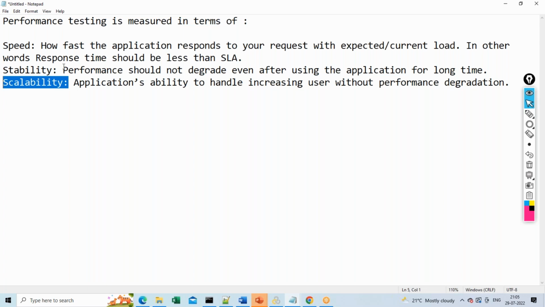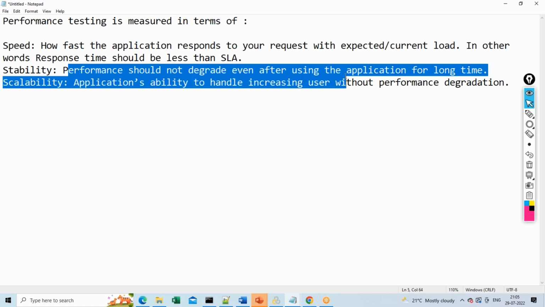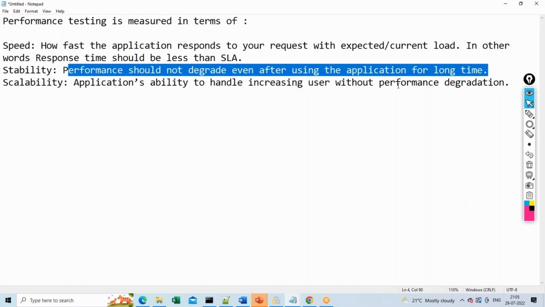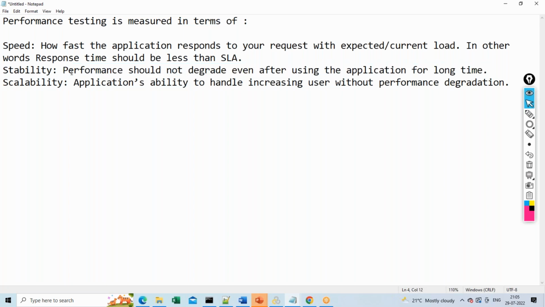What do you mean by stability? Stability means the performance should not degrade even after using the application for a long time. For example, let's say you are using Facebook continuously for 2-3 hours, seeing notifications, text messages, videos, or whatever it is.